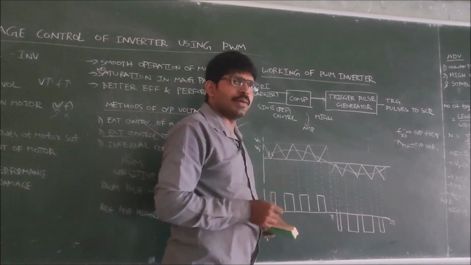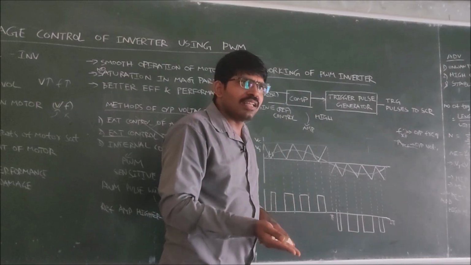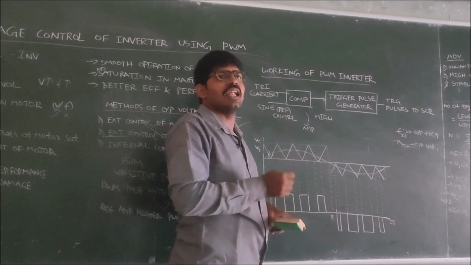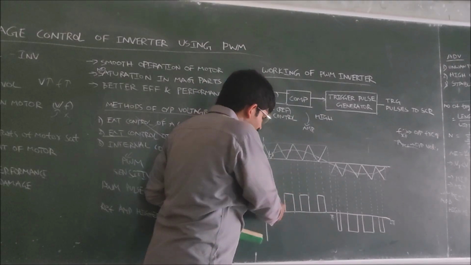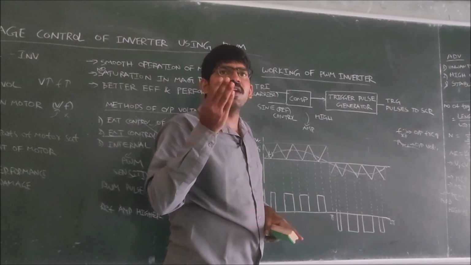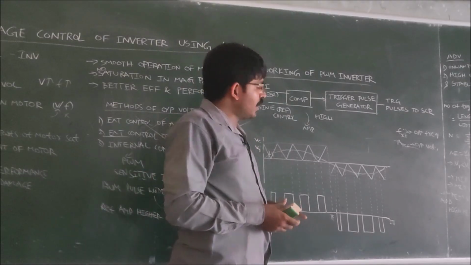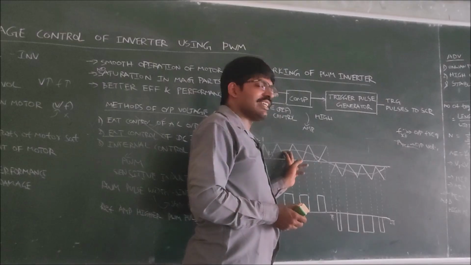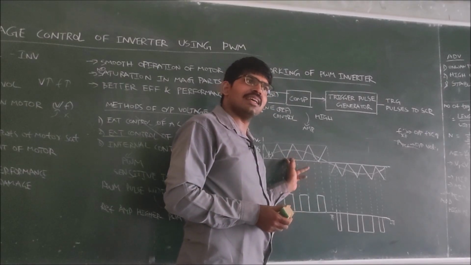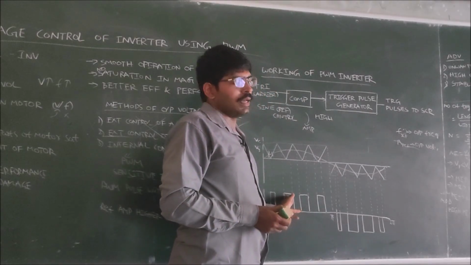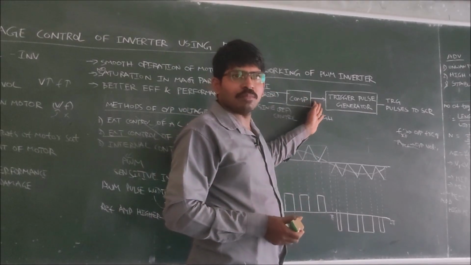After this point, the sinusoidal signal amplitude is higher than the triangular signal amplitude. That's why we observe a high in the pulse. Whenever the sinusoidal signal amplitude is higher than the triangular wave, the output pulse is high. That's what we discussed in this diagram.